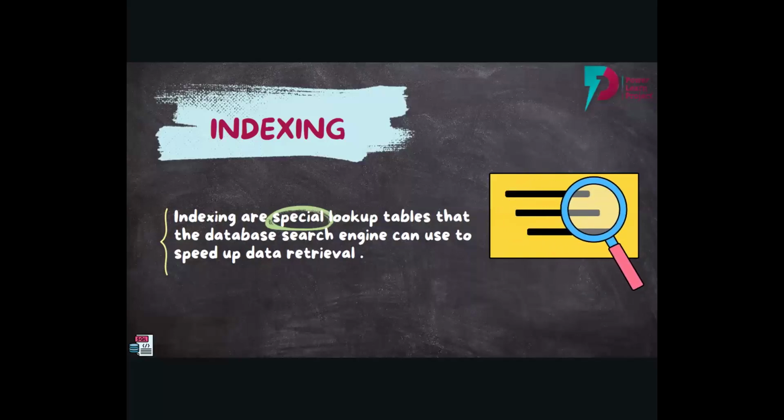So we say indexes are used to retrieve data from a database more quickly. Indexes use what we call a B-tree data structure to improve the speed of data retrieval on a table, though at the cost of storage and maintenance.